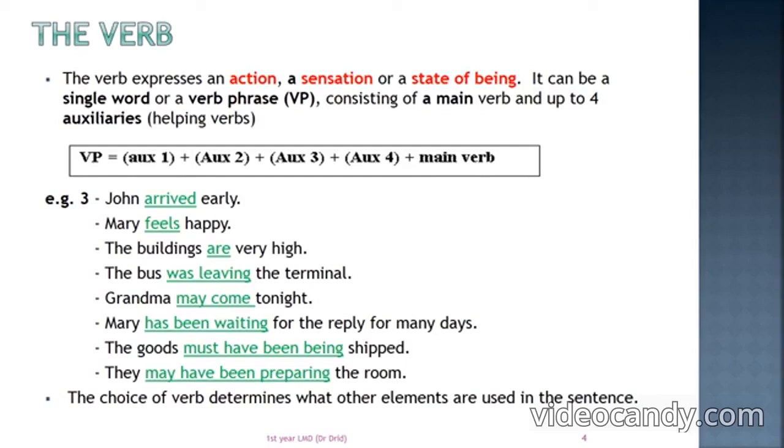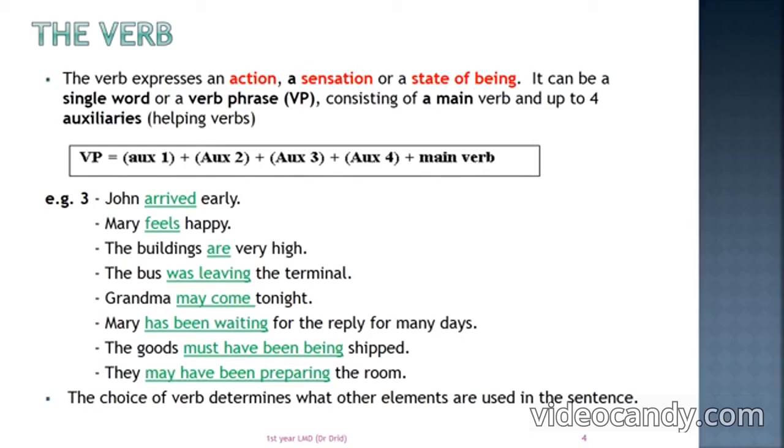Now we summarize what a verb is. The verb expresses an action, a sensation, or a state of being. It can be a single word, one word, or a verb phrase, many words, consisting of a main verb and up to 4 auxiliaries. We call them auxiliaries or helping verbs.